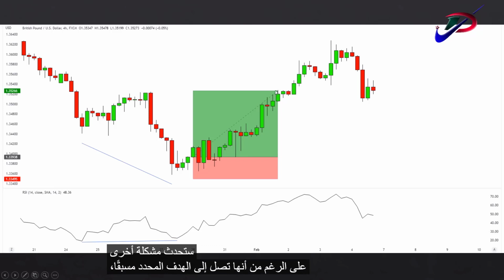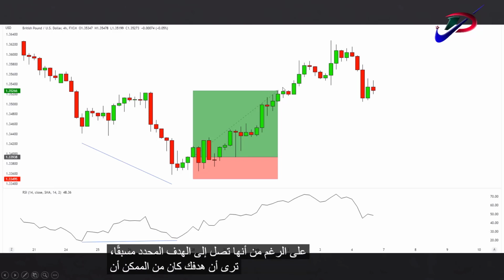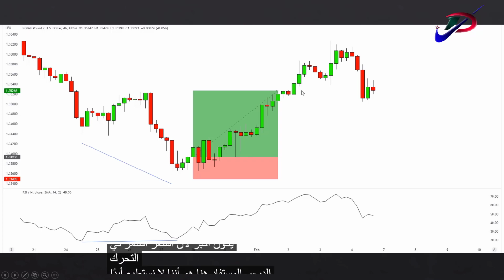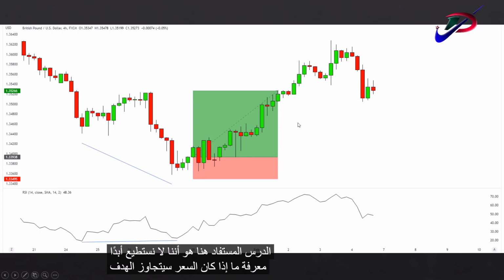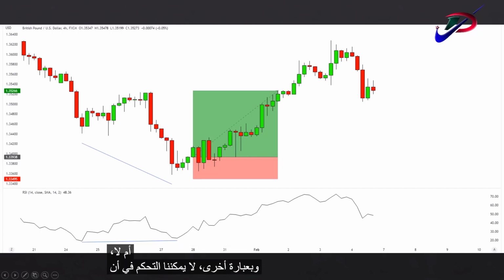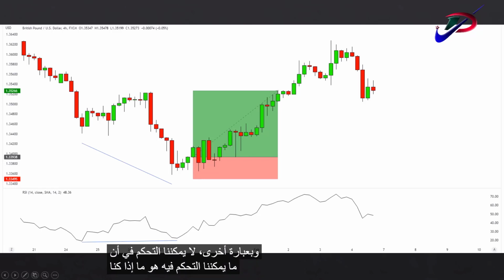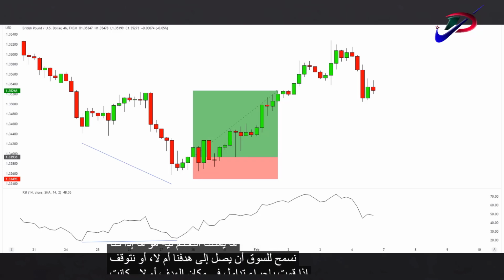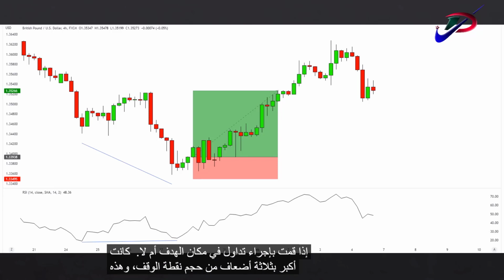Even though it hits the predefined target, you see that your target could have been larger because price continued going up. The lesson here is that we can never know if price will overshoot the target or not. In other words, we cannot control that. What we can control is whether or not we let the market hit our target or stop. If you made a trade where the target was 3 times as large as the stop, that's a perfect trade.